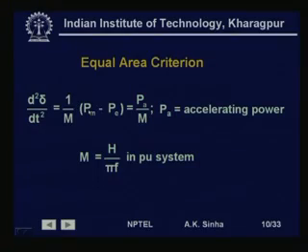So, we write this as Pa by m, where Pa is the accelerating power. M, as we have already seen, is the angular momentum in per unit, also called the inertia constant. M is equal to h by pi f in per unit system, which we saw earlier.